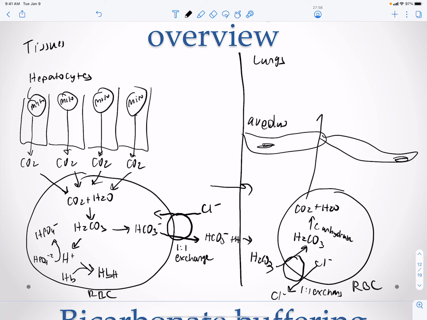And then the CO2 is going to be exhaled and exchanged for oxygen. And then oxygen is going to come in. And we had our hemoglobin, which released its hydrogen. And it became hemoglobin, so now it can pick up the oxygen in the lungs. And so that is how you're going to exchange carbon dioxide made in the tissues for oxygen in the lungs.